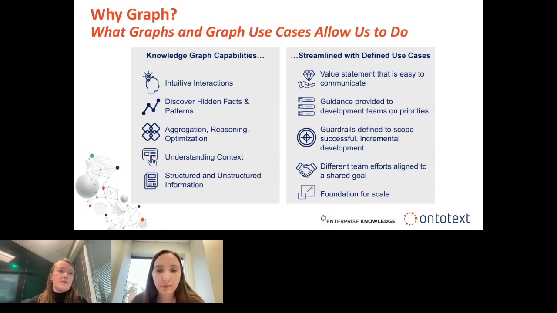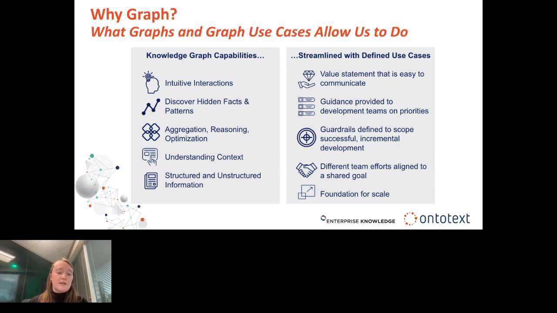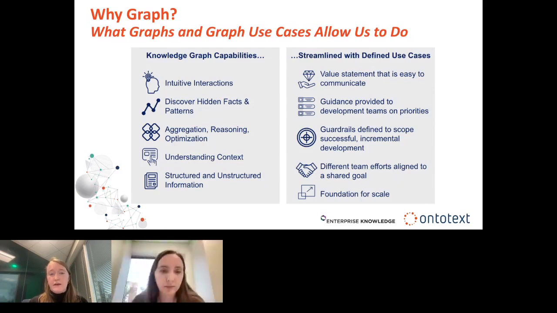Use cases, of course, provide that foundation. It allows you to show the organization what kind of value you'll be bringing using graph, and gives your teams that understanding to be able to take what you learned in the pilot or initial use case and expand it forward. So it's really important to have a strong starting use case.